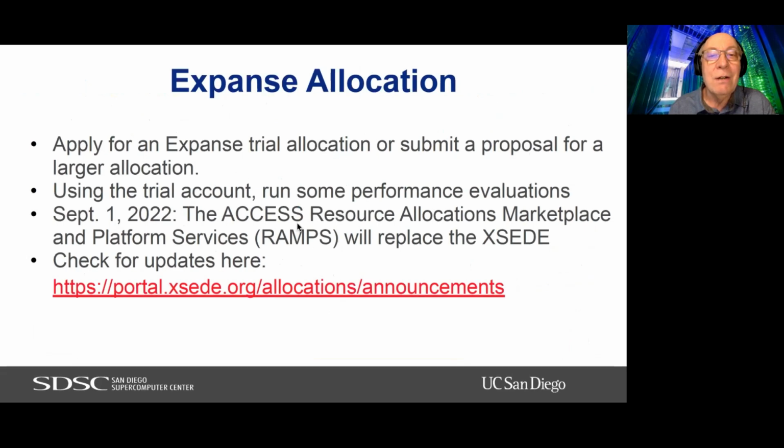But I showed you how you can do performance evaluation. You can get a trial account and do some performance evaluation. You can use some of my code, create those performance statistics, and they will help you submit a good proposal if you need a large allocation and justify why you need to run, let's say, 128 cores.